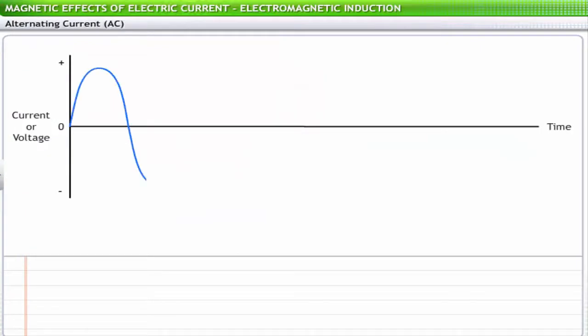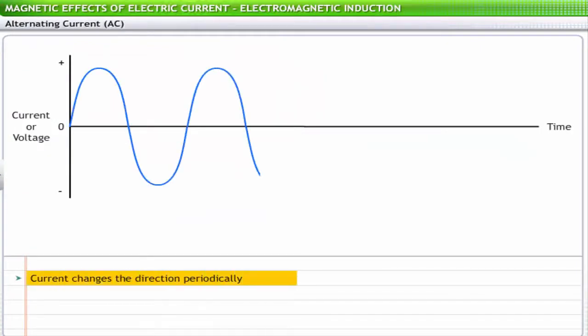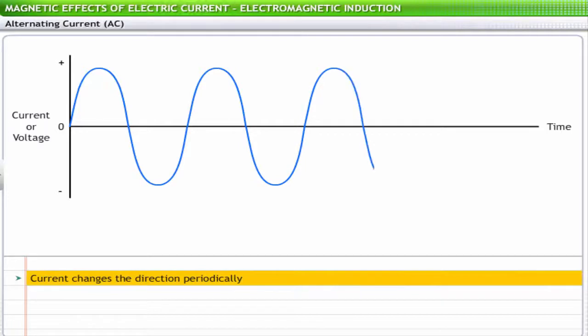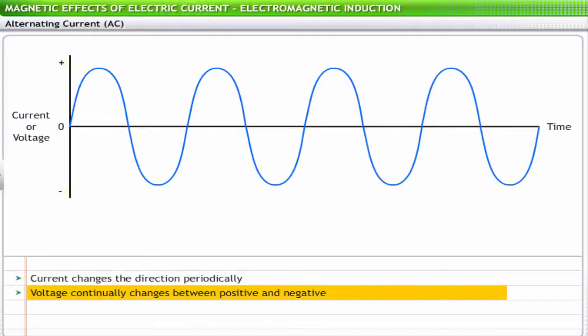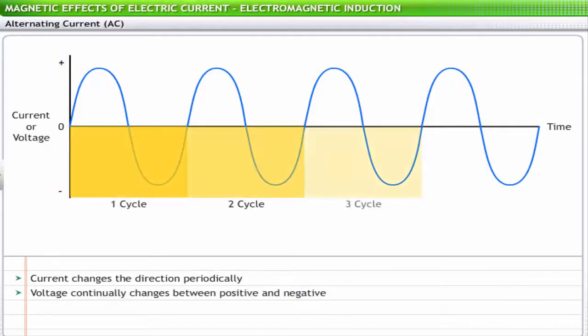In an AC generator, the induced current changes its direction periodically and is therefore called alternating current. An AC voltage is continually changing between positive and negative. The rate of change in the direction of the current is called the frequency of the alternating current.